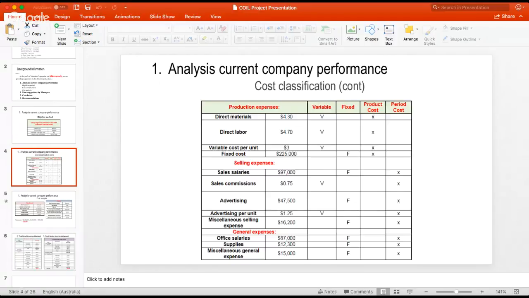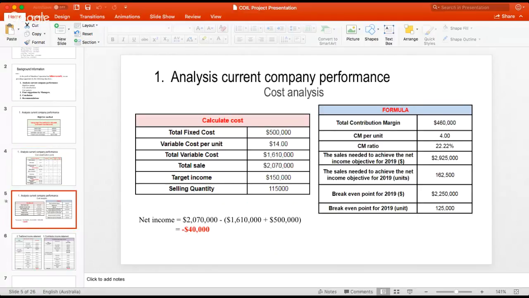Moving to the next one, in this slide we calculate the CVP analysis. In order to calculate, we have to understand what the CVP analysis is for. The CVP analysis is a planning process that managers use to predict the future volume of activities, cost incurred, sales made, and profit received.